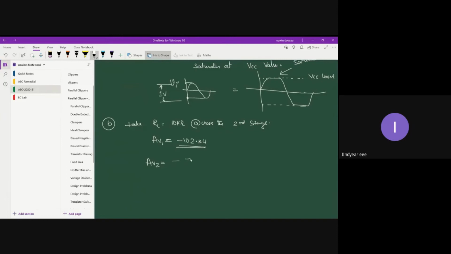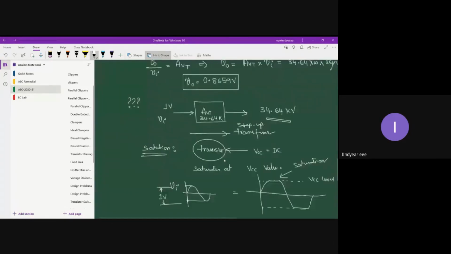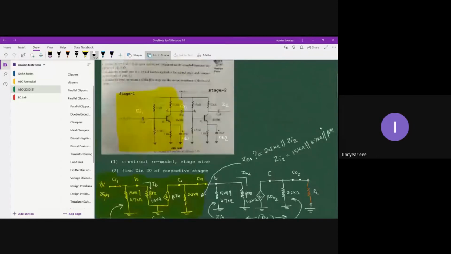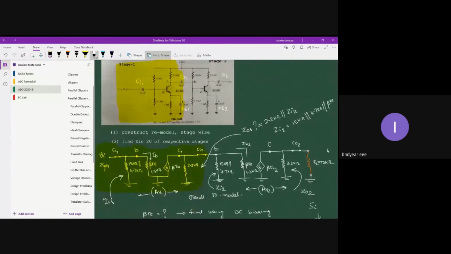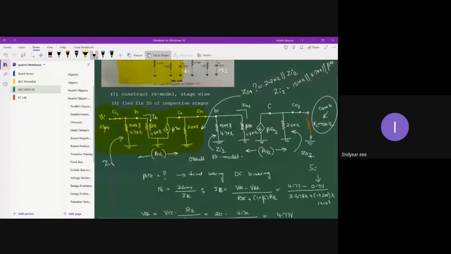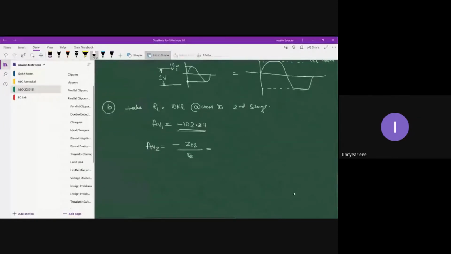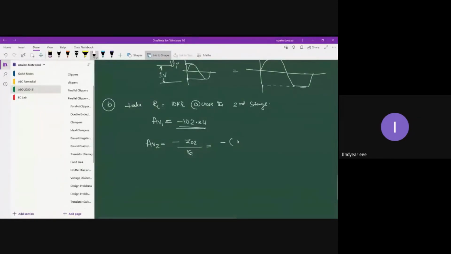So AV2, let us rewrite the formula. AV2 is equal to minus Z02 divided by RE. And since you are connecting an RL value of 10 kilo ohm for case B, your overall output impedance Z02 becomes 2.2 kilo ohm parallel with 10 kilo ohm. So Z02 becomes minus of 2.2 kilo ohm parallel with 10 kilo ohm divided by RE.